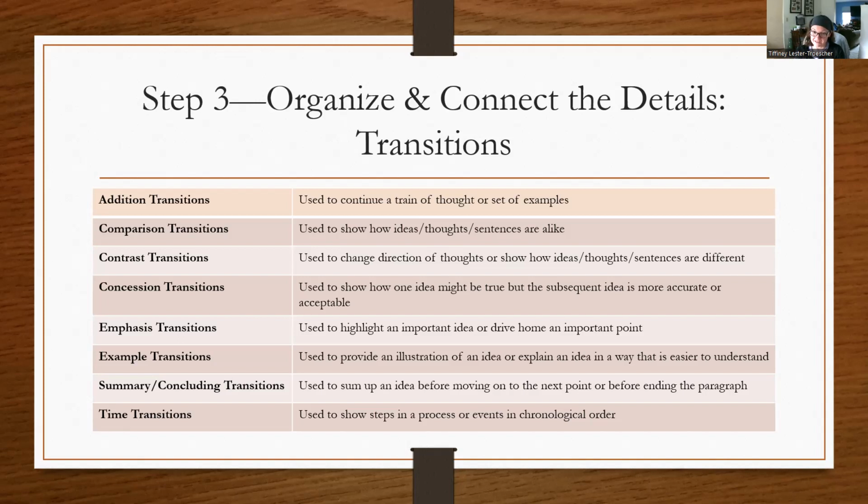Contrast transitions. These are used to change the direction of thought or show how your ideas are different. Concession transitions. This is to show how one idea might be true, but the next idea you're going to share is actually more accurate or more acceptable.